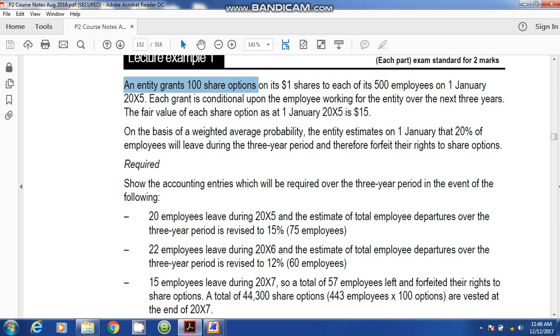We are required to show the entries over a 3-year period in the event of the following.